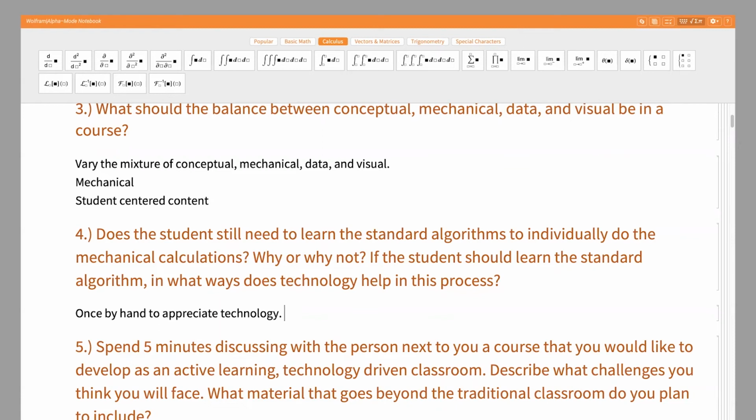So are there any further thoughts on the standard algorithms? Does technology help in this process? So you can use that as a jumping point for further exploration. You can create activities based on that, so you could, for instance, envision creating two regions and sliders between those two regions and developing insight into how the area between curves would change as I adjusted the function.